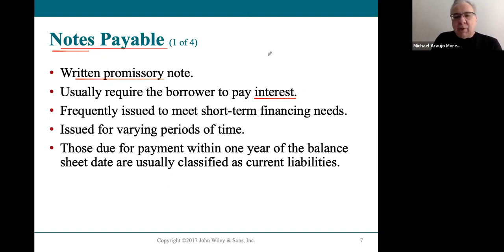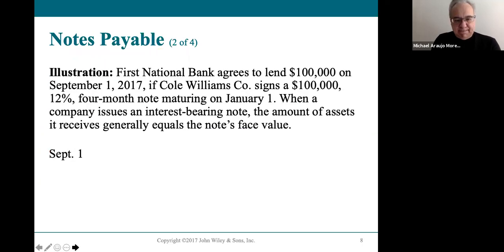That does happen, but it's not as common as most notes payable, which are overwhelmingly short term. So remember, when you have a notes payable, you are paying everything back on its due date. That due date is going to matter whether we classify a note payable as a current liability or a long-term liability. But most of them will be current.